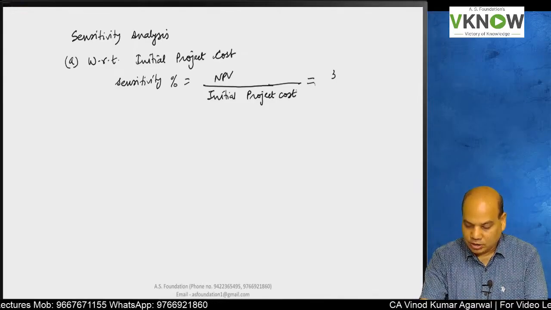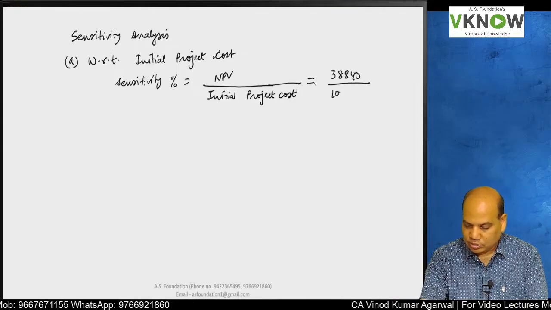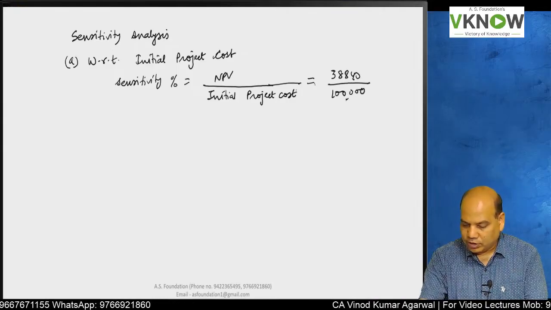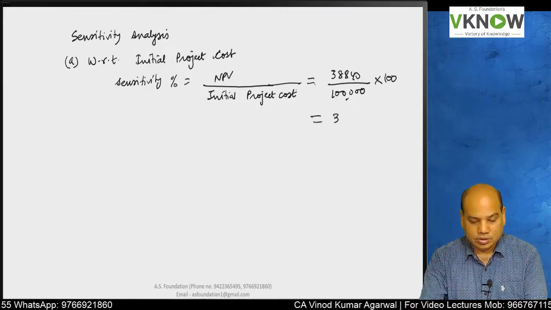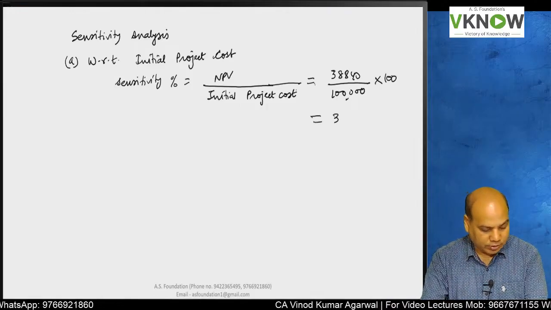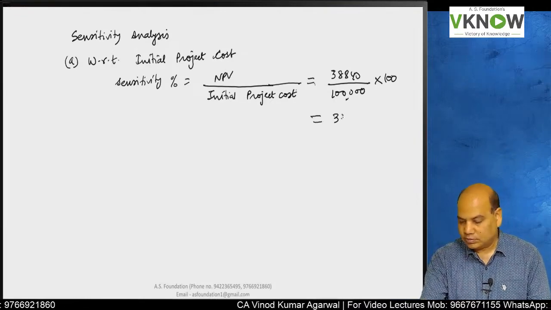NPV is 38840 divided by 1 lakh into 100 is 38 point, how much is that? 84%.